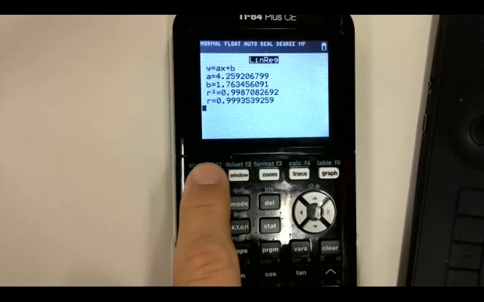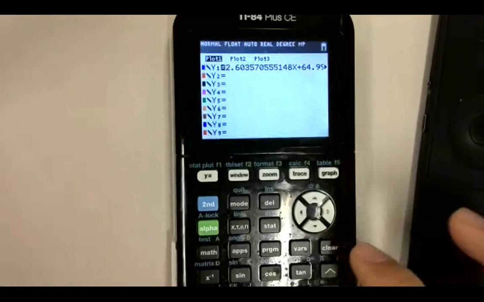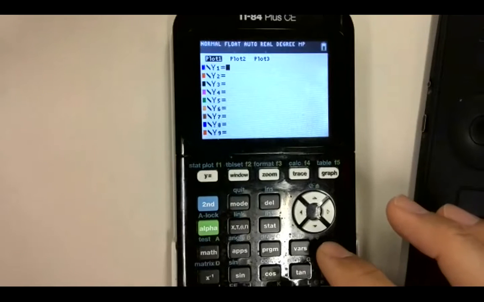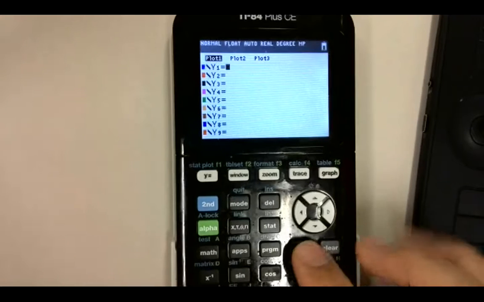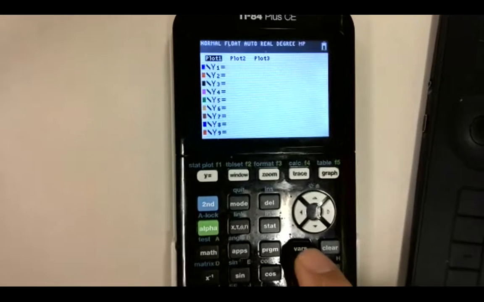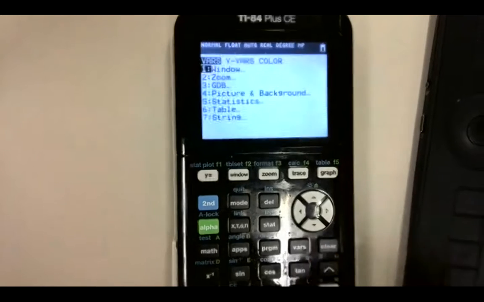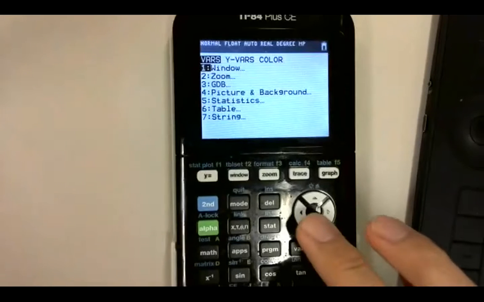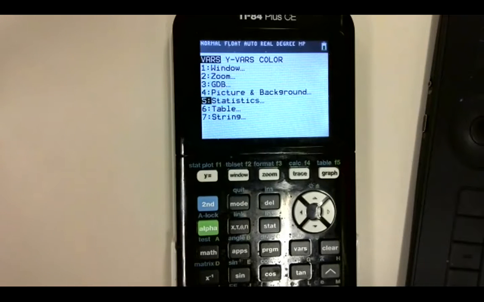So if we walk for 30 minutes and that's our X, here's how we make the prediction. Go to Y equals. Clear this out. You could either just type in the equation you just wrote down or import it. I want to teach you to import it. So I need variables, which is bars. What do we want to import? Our statistics. So go down to 5 and hit stats.